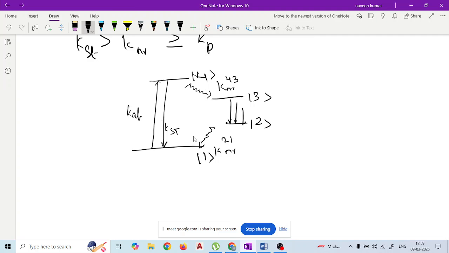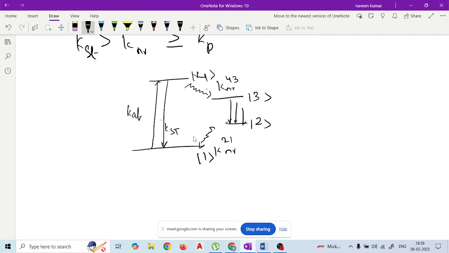The higher energy state is not the excited state to which the incident light is being pumped. We are trying to accumulate a larger number of molecules at the higher energy levels. As a result, we are segregating that competition, as well as segregating the levels between which lasing is happening. So in order to make a population inversion, we are making certain arrangements.